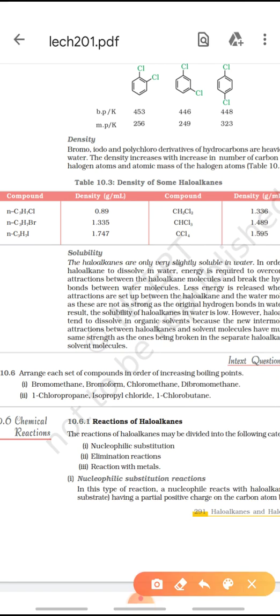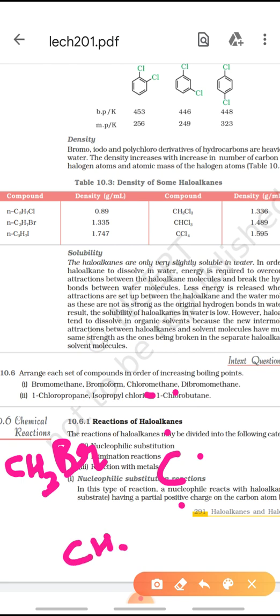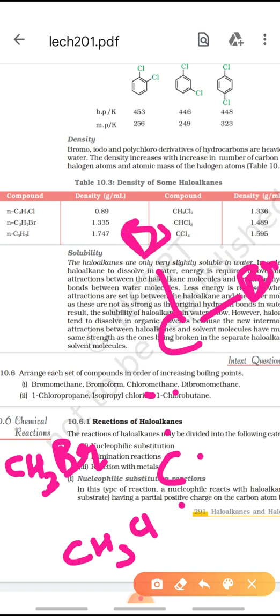The compounds are bromomethane, that is CH3Br, one carbon only; bromoform, that is one carbon and 3 Br; chloromethane, that is CH3Cl; and dibromomethane, methane with 2 Br and 2 hydrogens.